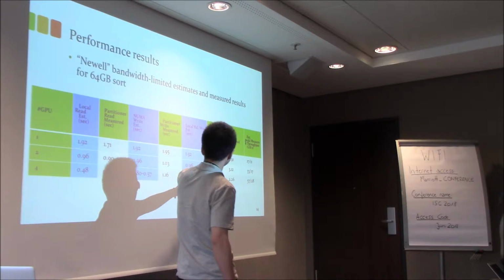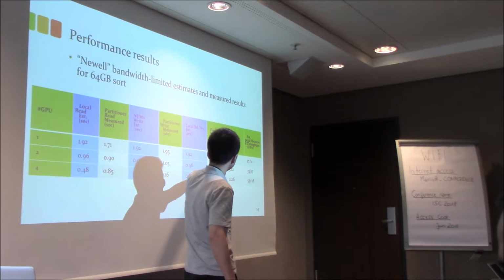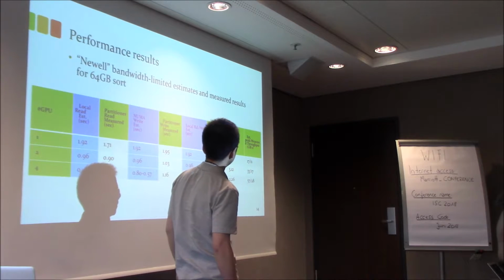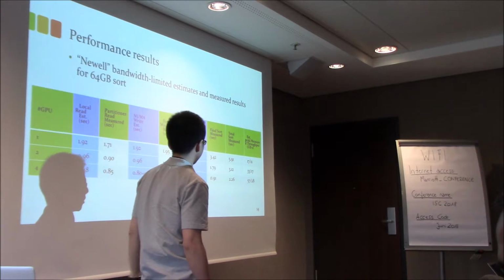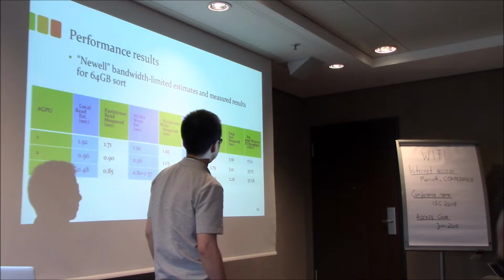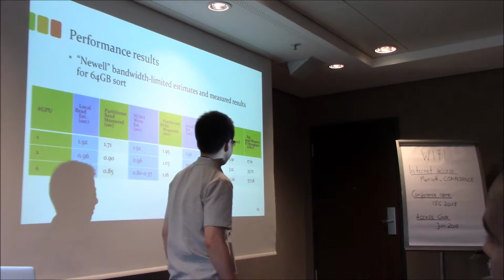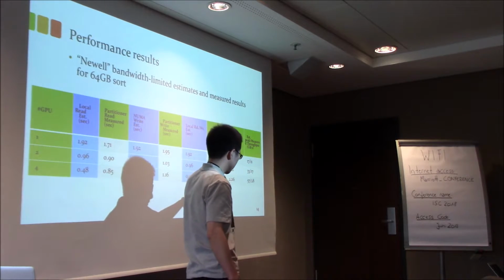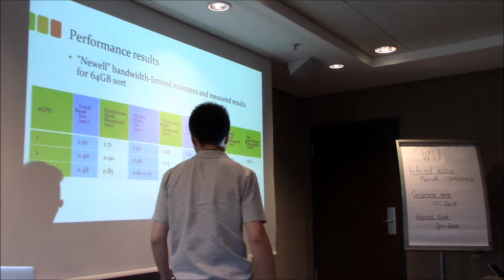Let's look, the final sort we see scaling well. So this gives us a total, with 4 GPUs, we can sort in 2.26 seconds, and the net result is 28 gigabytes per second.